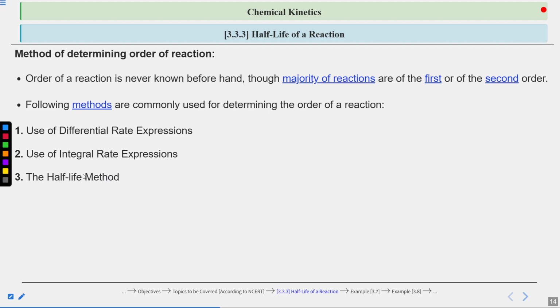The half-life method will be used to determine the order of the reaction, because that will tell how much the half-life is, and whether it depends upon the initial concentration of the reactant or not. That also helps us determine the order of a reaction. Fourth is the isolation method, which is commonly used for determining the order of a reaction.